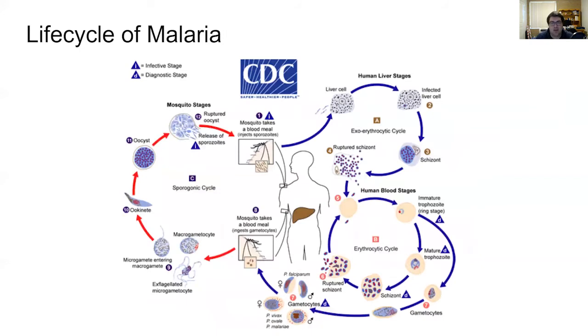Alrighty, so we have also, if we take a look at malaria, this is a protozoa. Malaria is caused by a protozoa. It has a really complex life cycle, as you would have noted in year 11 when you did your depth study assessment task.